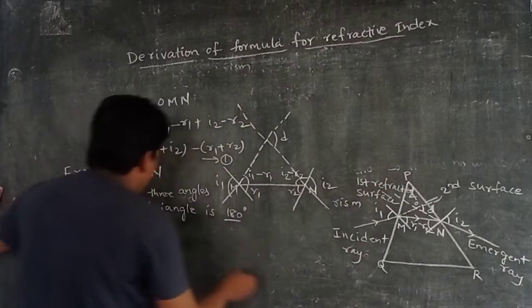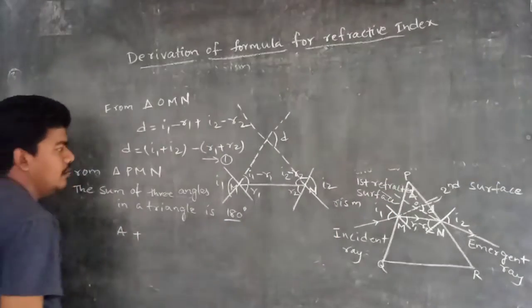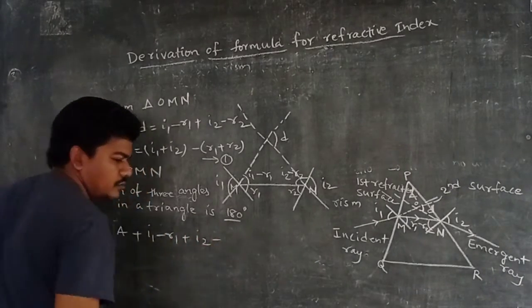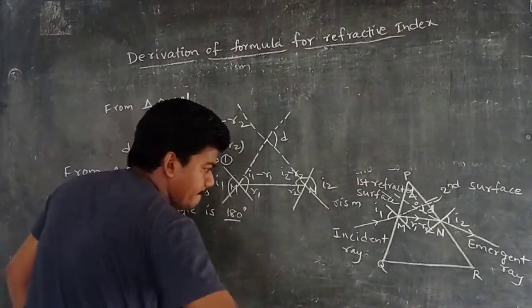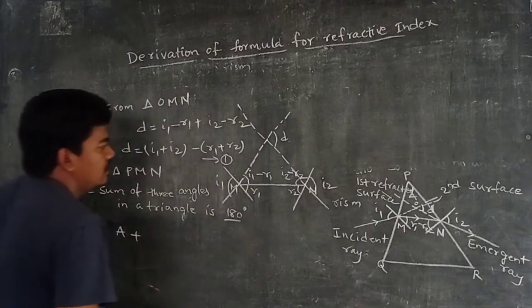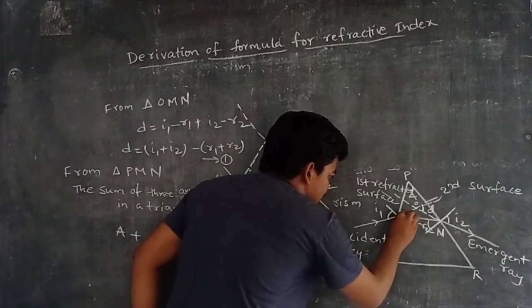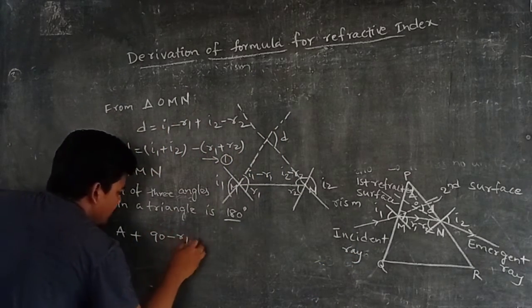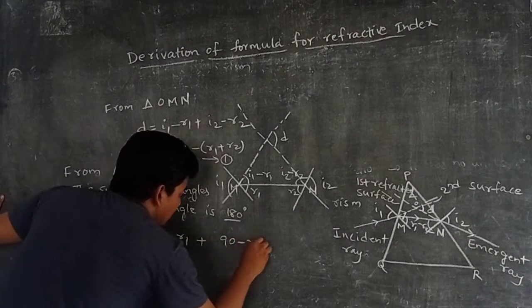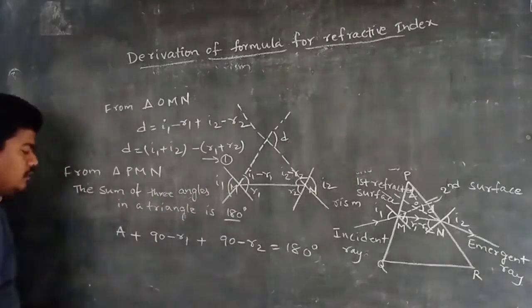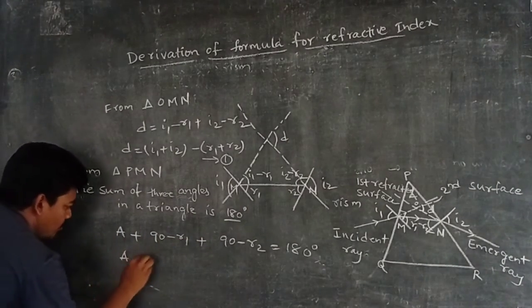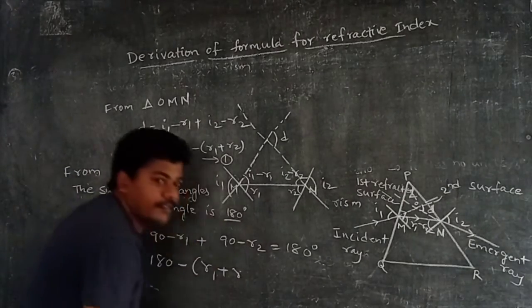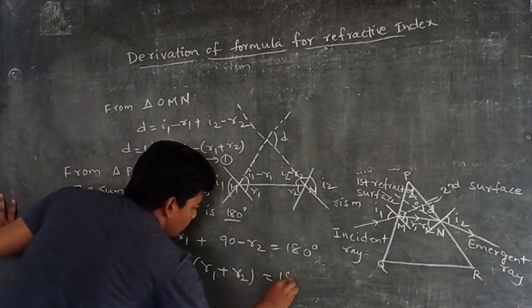So angle A plus 90 minus R1 plus 90 minus R2 is equal to 180 degrees. 90 plus 90 is 180, minus the common R1 plus R2, is equal to 180.